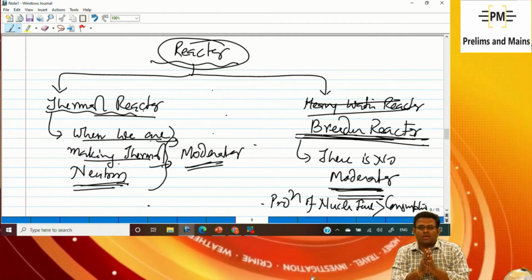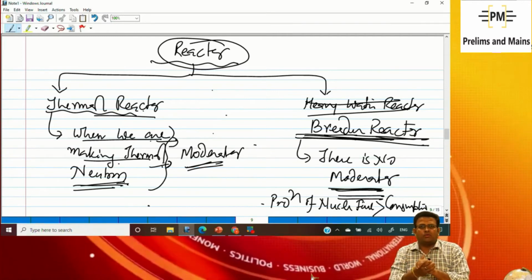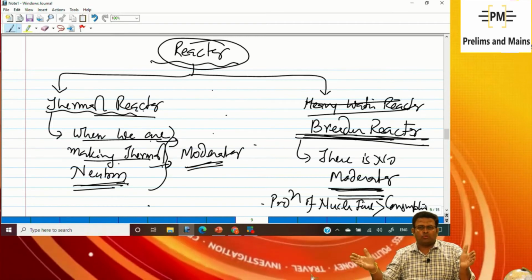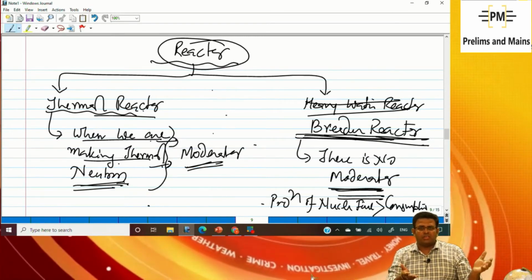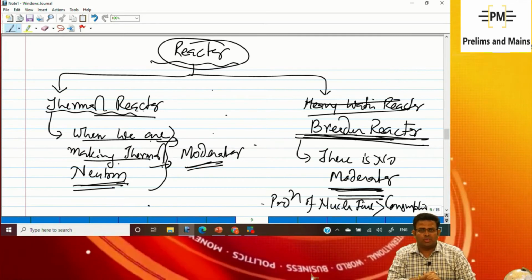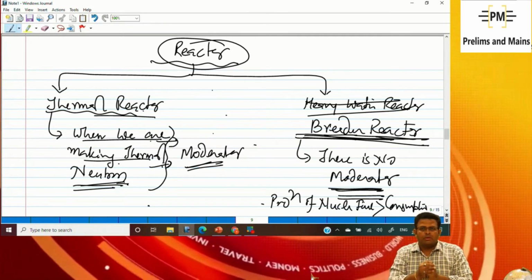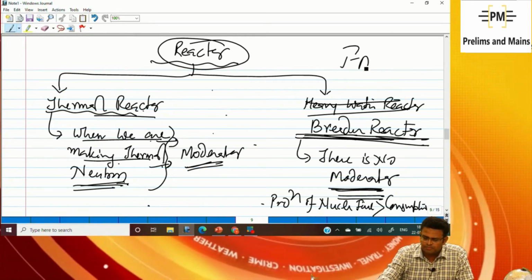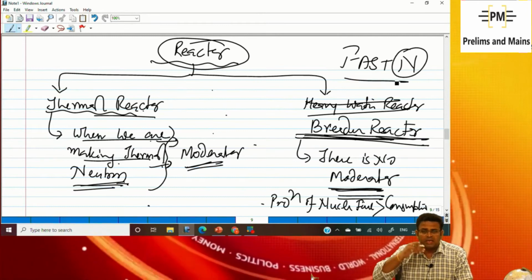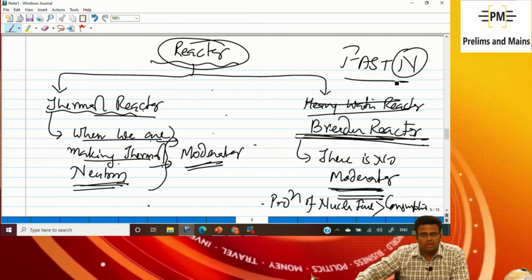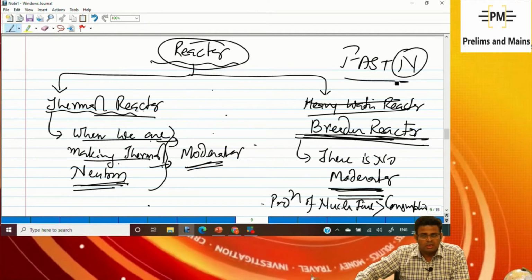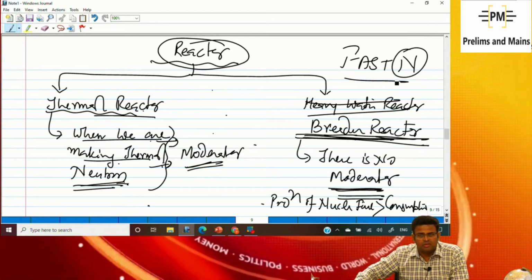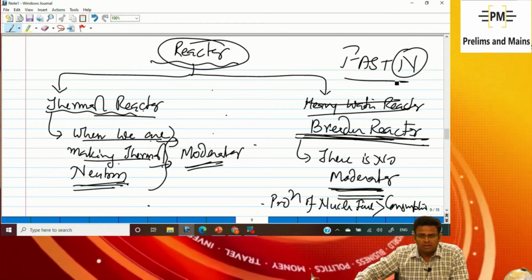Fast neutrons can convert uranium-238 into plutonium-239, and we are giving the chance for plutonium-239 to be formed. Therefore, in such a reactor production of nuclear fuel is greater than consumption.